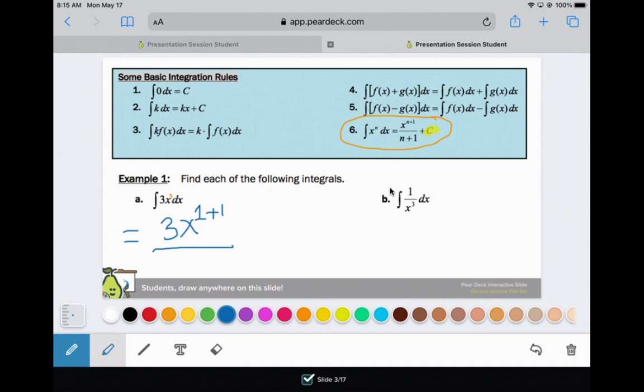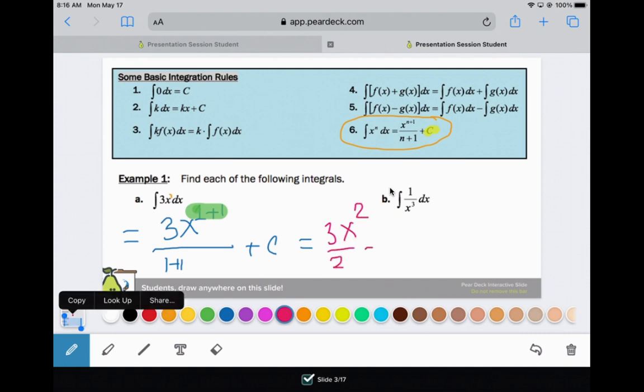Then I divide by that new exponent that I just added, so 1 plus 1. And I make sure that I do the plus c because I don't know if that function has a constant or not. So the antiderivative of the integral would be 3x squared over 2 plus c.